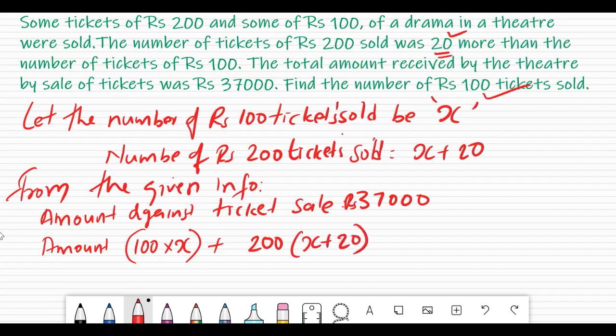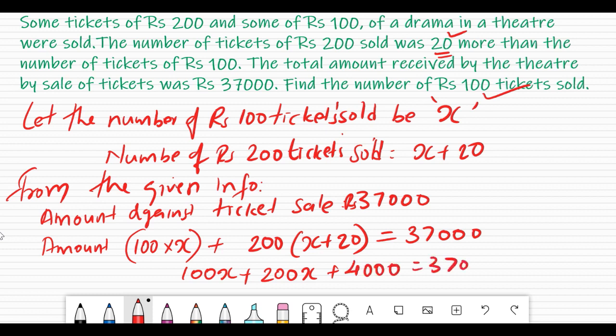This is the number of tickets. And this total must be 37,000. Almost coming close to the equation. If we write it in symbols, removing the bracket, this will become 100x plus 200 into x is equal to 200x plus 200 into 20, which is 4,000, and that is equal to 37,000.